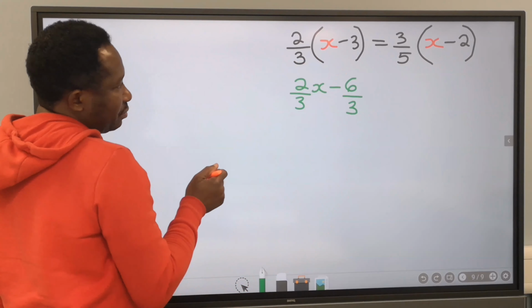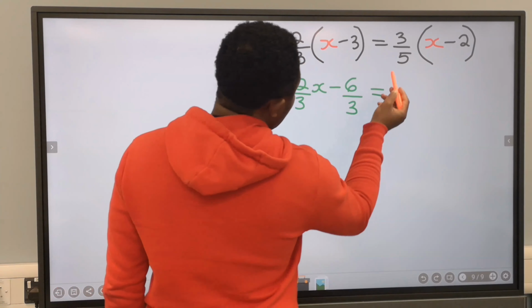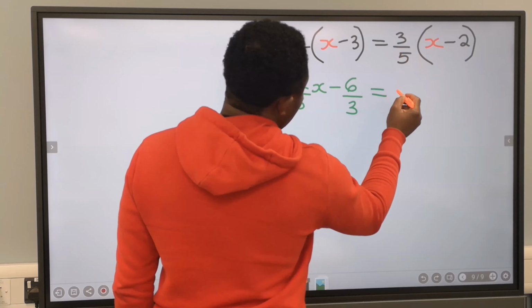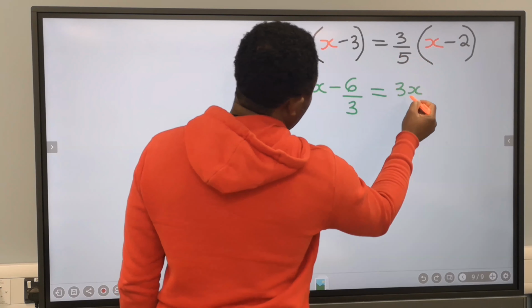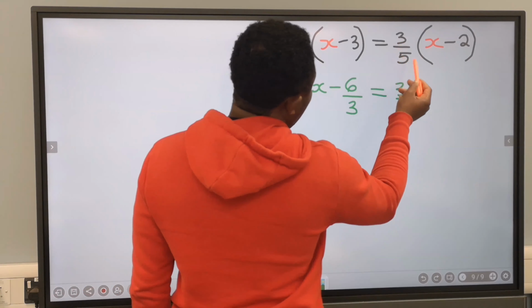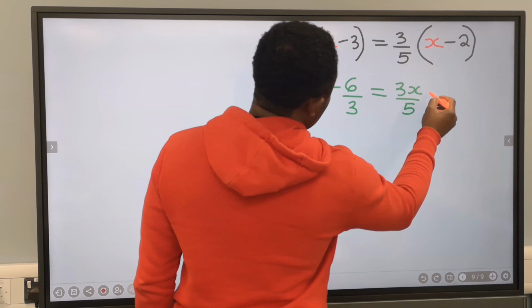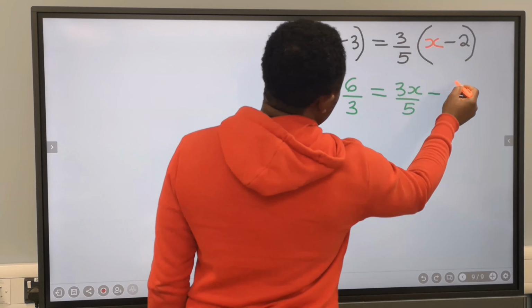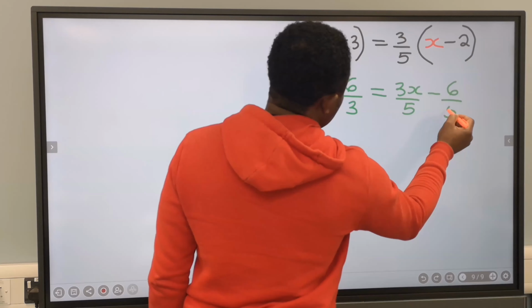I've opened this bracket. Next, 3 over 5 multiplied by x. I'm going to have 3x over 5. Next, 3 over 5 multiplied by minus 2. This times this will give you 6 over 5.